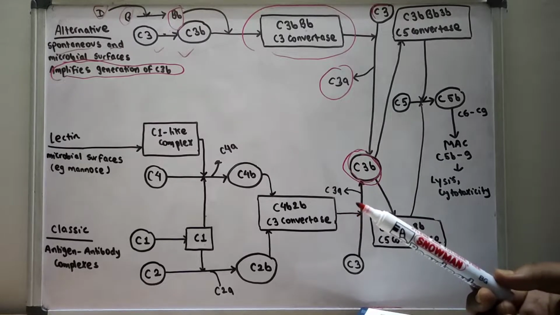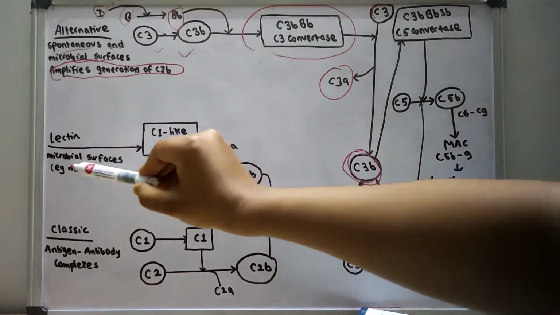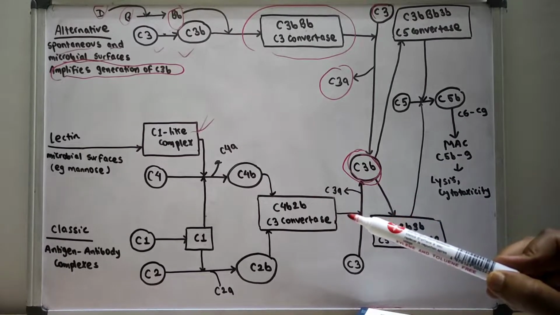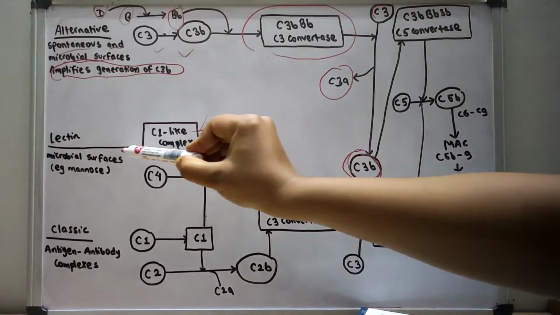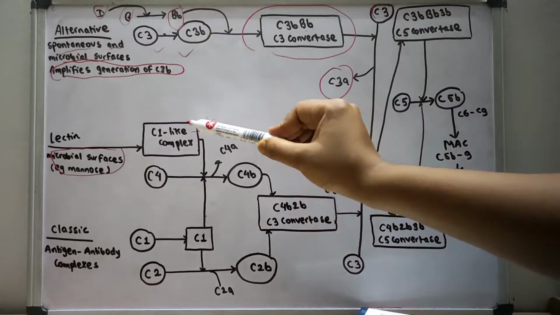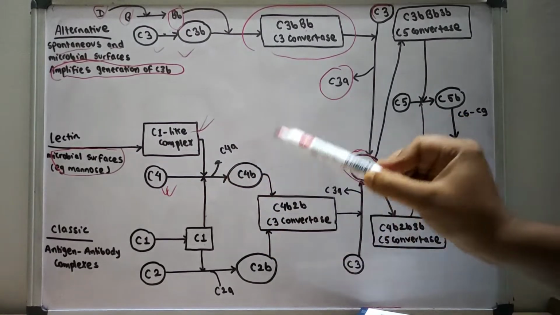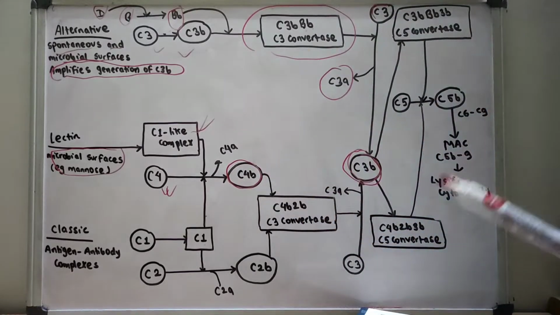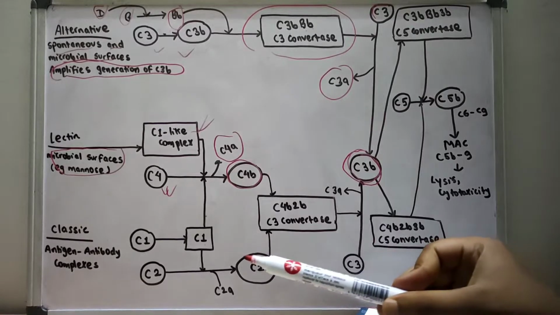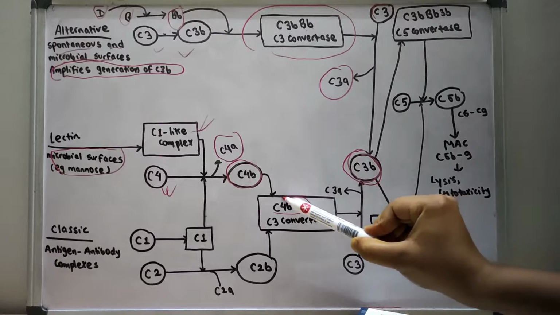Now let us discuss the lectin pathway. Here there are C1-like complexes already present, and if the microbial surface has mannose, it activates the C1-like complexes, and there is conversion of C4 to C4b by releasing one C4a, and there is formation of C4b and C2b.